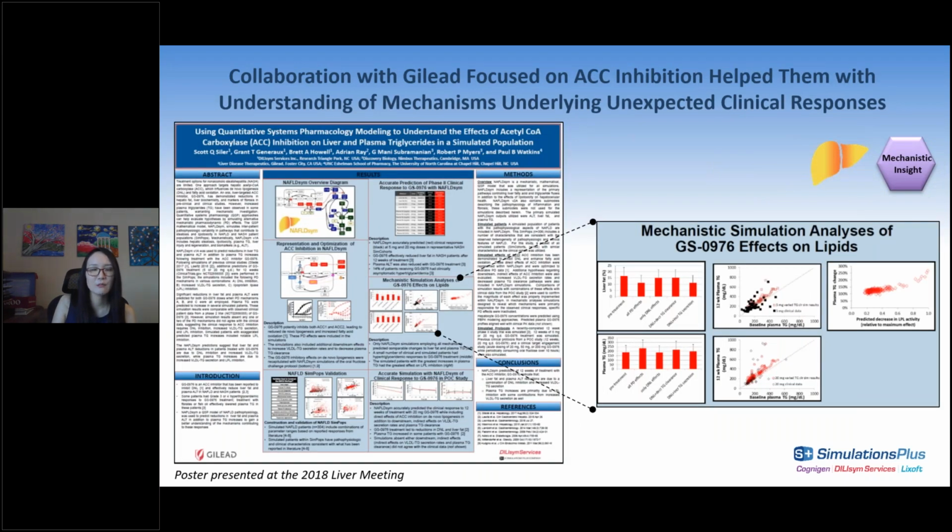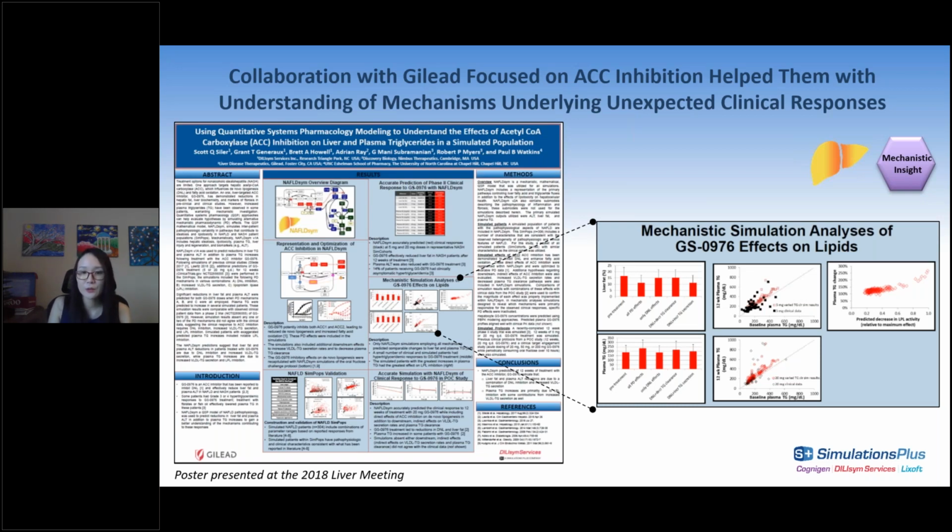The next example was similarly where the QSP model was used to provide mechanistic insight. In this case, GS0976 is an ACC inhibitor, which showed efficacy in steatosis reduction in clinical trials.